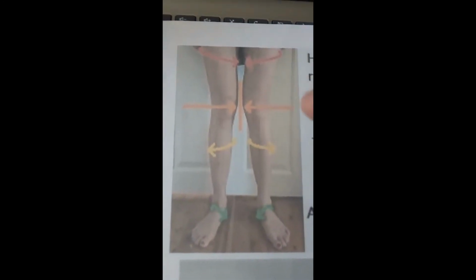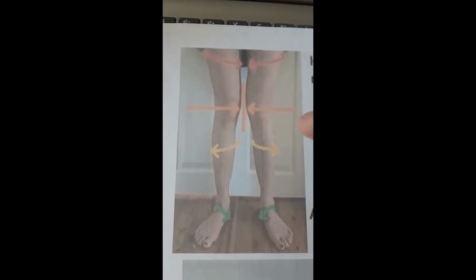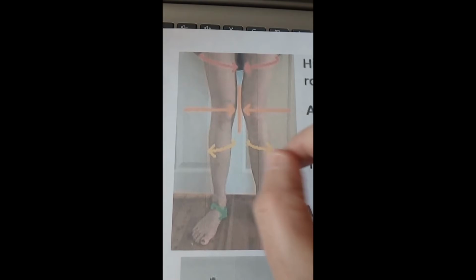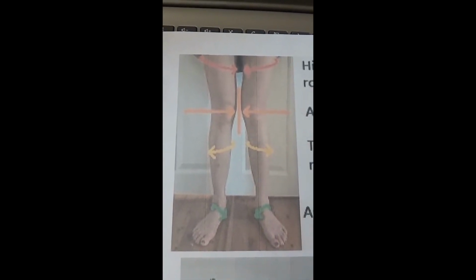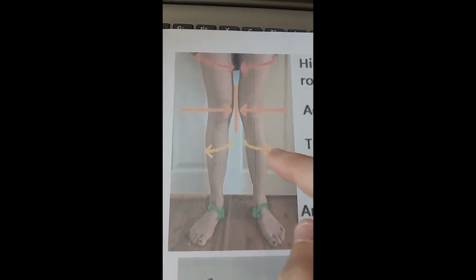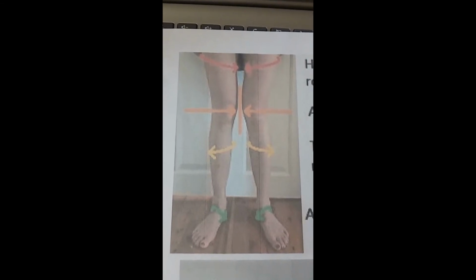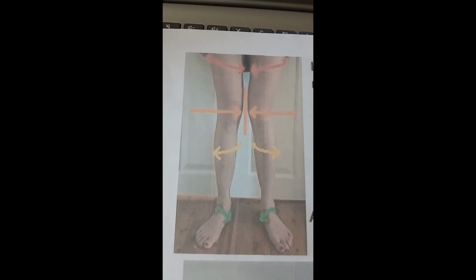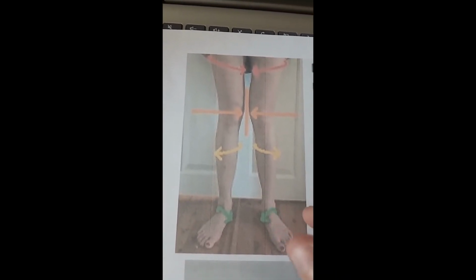So it's coming inwards, which brings the knees in and means that there's outer rotation of the lower leg, because the shin bone is compensating by externally rotating, and then you end up with pronation of the ankles, so the feet are turning inwards.